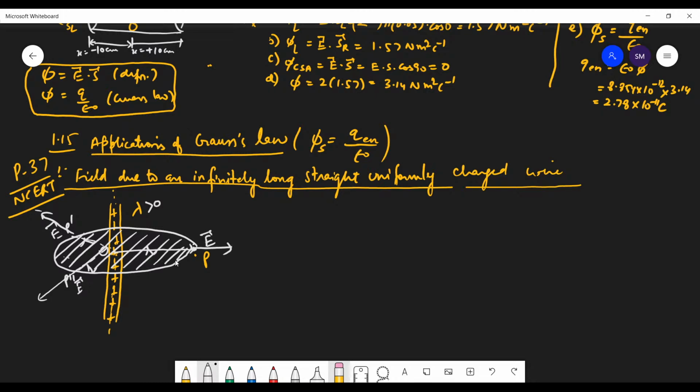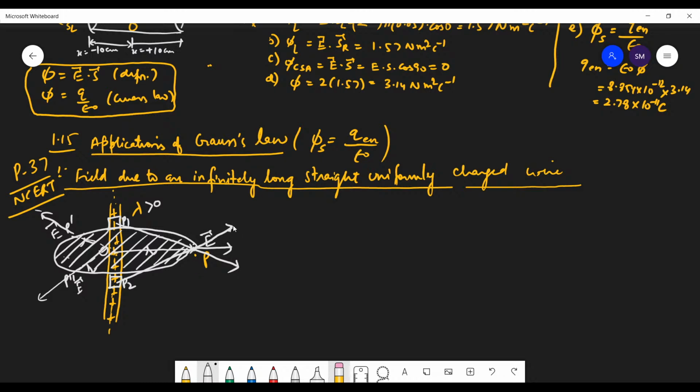Now let us take a pair of line elements P1 and P2 of the wire. So this is P1 here and this is P2. The electric field due to this element P1 will be radially outward in this direction, and due to P2 it will be radially outward in this direction.